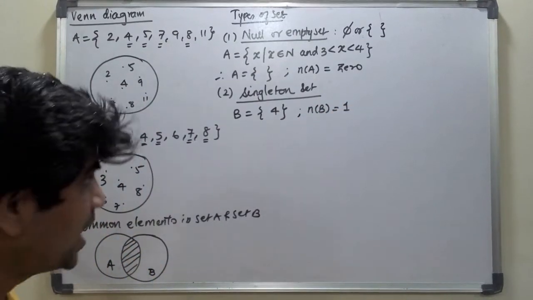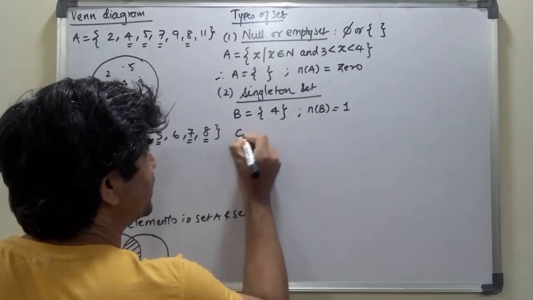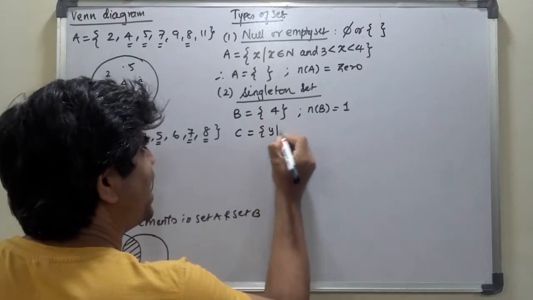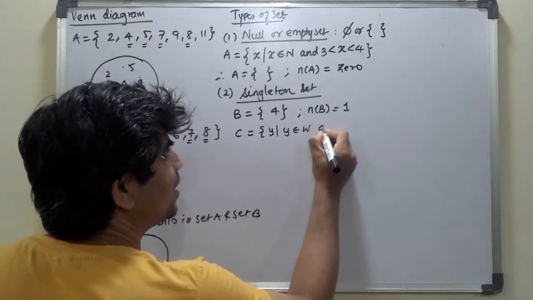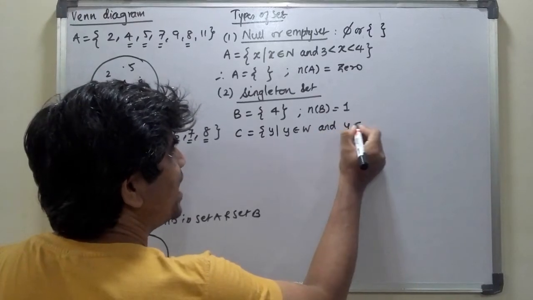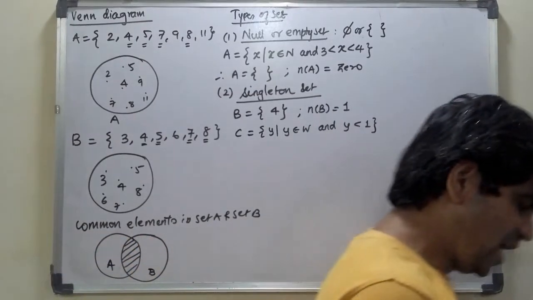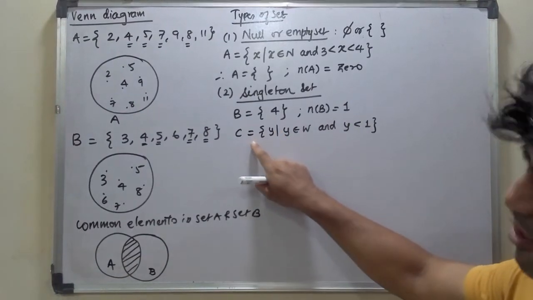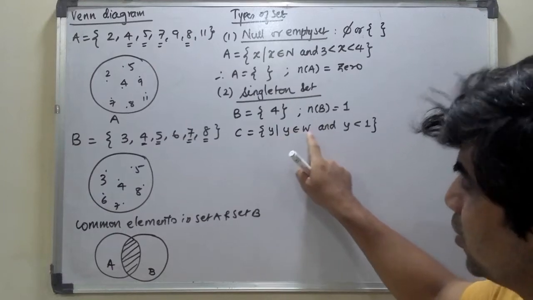Okay. Now I am writing one set over here. C is the set of all y such that y belongs to whole number and y is less than 1. Okay, I have written like this. Correct? C is the set of all y such that y belongs to whole number.